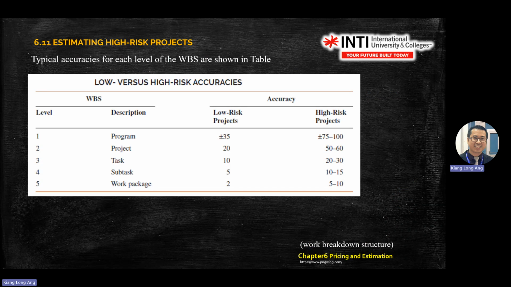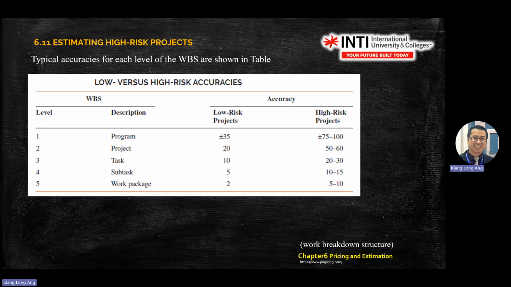Okay, this one is again accuracy of WBS, low versus high risk. Low risk, if it's at program level, level 1, 2, 3, 4, 5, the accuracy will be plus minus 35%.